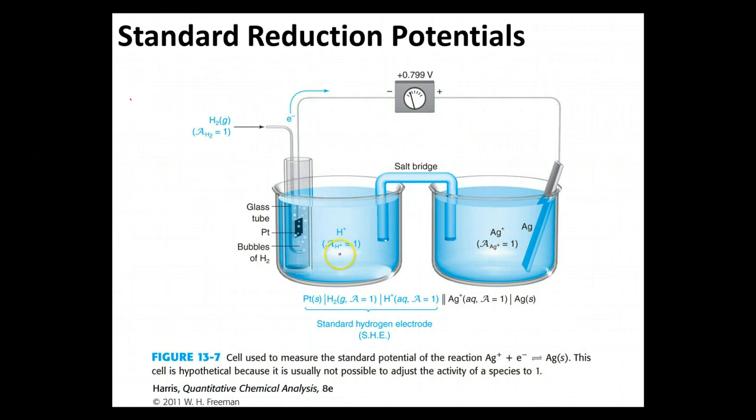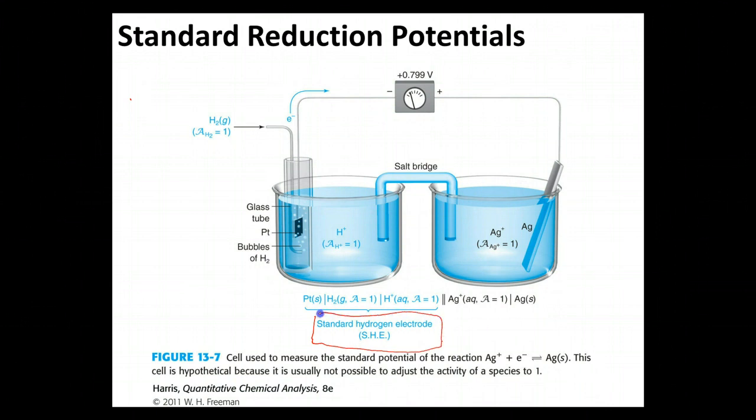We can make this acidic solution pretty straightforward in order to have this activity, when we multiply concentration times activity coefficient. We can plug a salt bridge into that, no big deal. We can set up our silver ion to also have an activity of 1 and stick a piece of silver metal in there, assuming of course we had silver metal. We connect the wires and hey, everything's there. That's not difficult to set up experimentally, as long as you're in a fume hood and you're not worried about that hydrogen gas exploding.